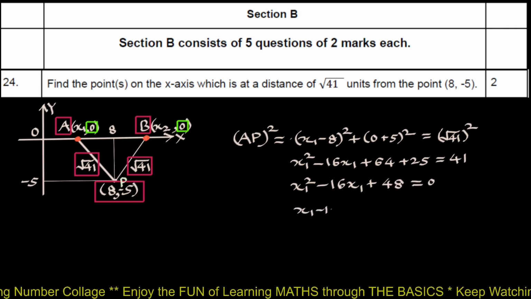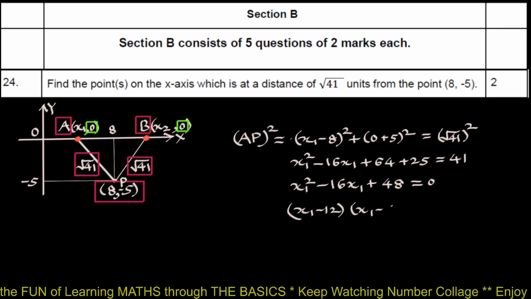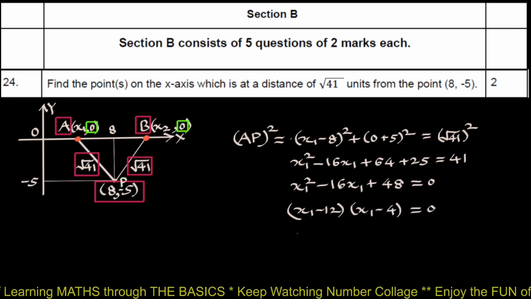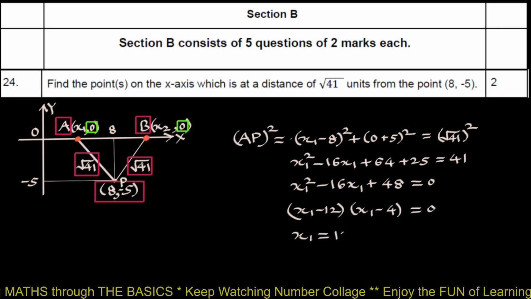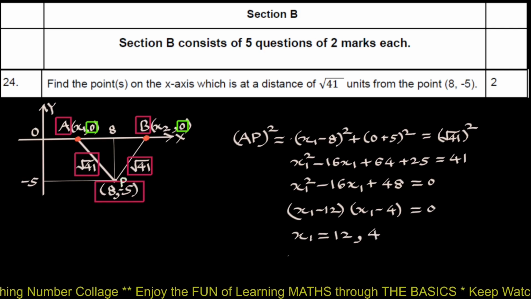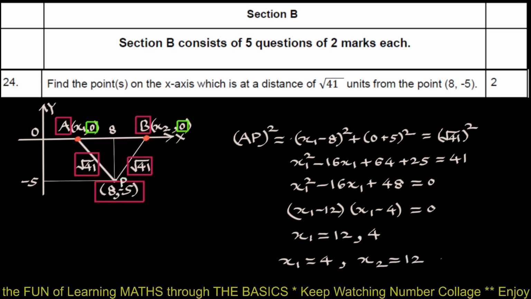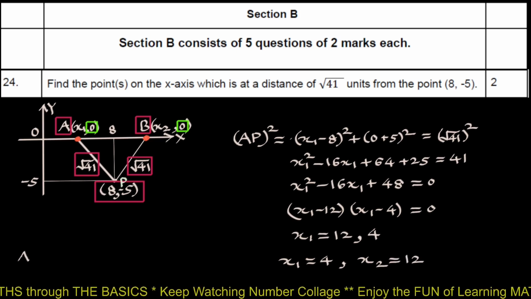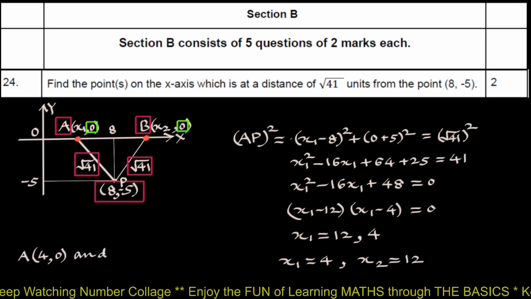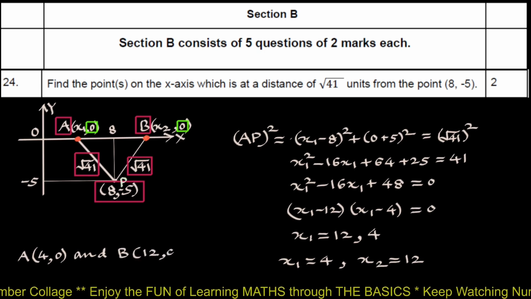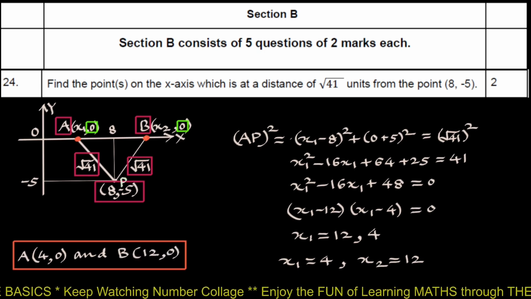Factorizing, x1 minus 12 into x1 minus 4 equals 0, giving x1 equals 12 and 4. From the figure, therefore, x1 will be 4 and x2 12. So the coordinates of point A will be (4, 0) and that of B (12, 0), which are the required points on the x-axis.